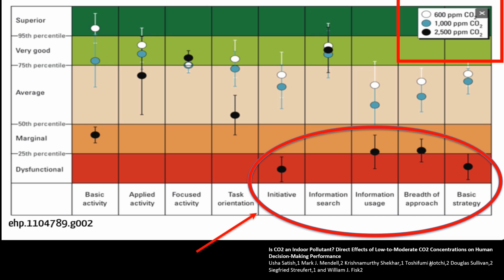When it reaches 1,000, you can see the blue dots dropping. And when it hits 2,500 parts per million, you can see that some channels of the brain are impacted quite seriously. And those are initiative, information usage, breadth of approach, and basic strategy.